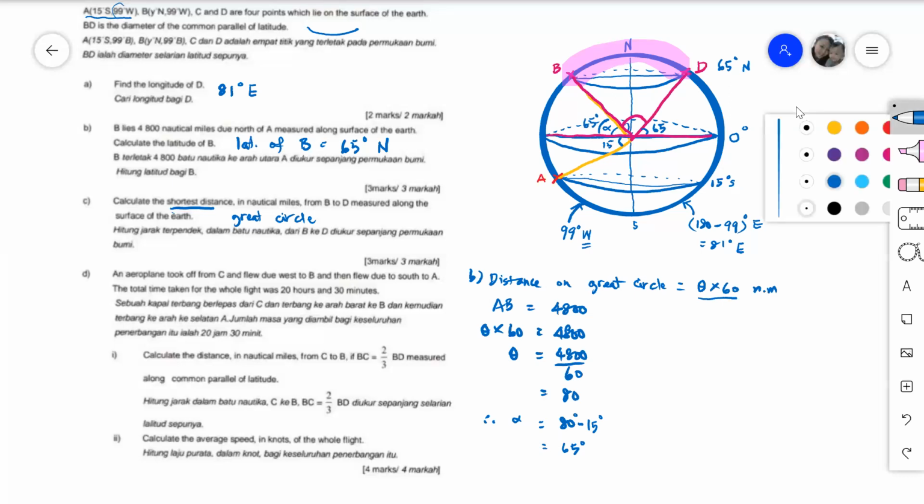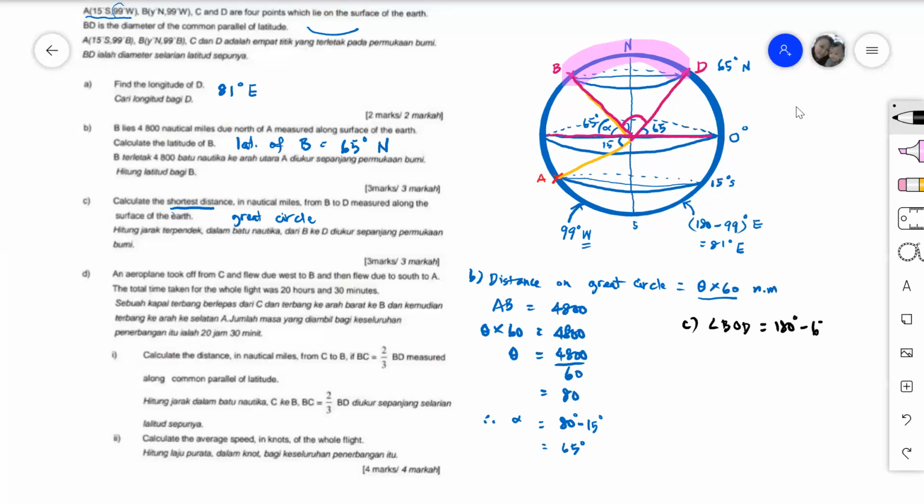Let me put it here, part C. So the angle between B and D, let's put angle BOD equals 180 minus twice of 65. Twice of 65 is 130, so we have 50 degrees here.